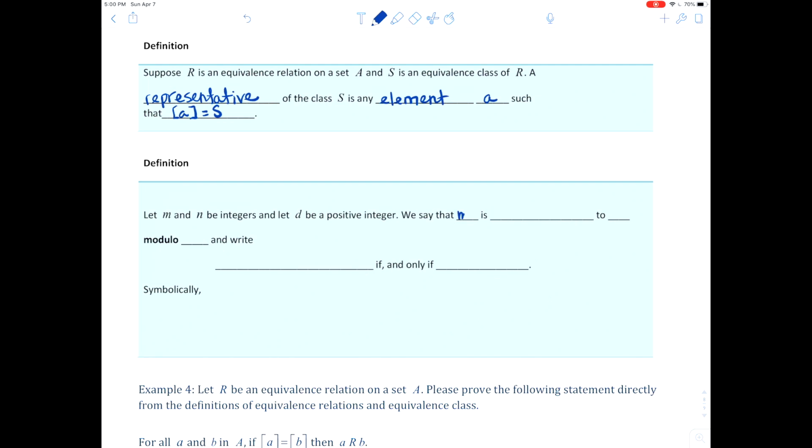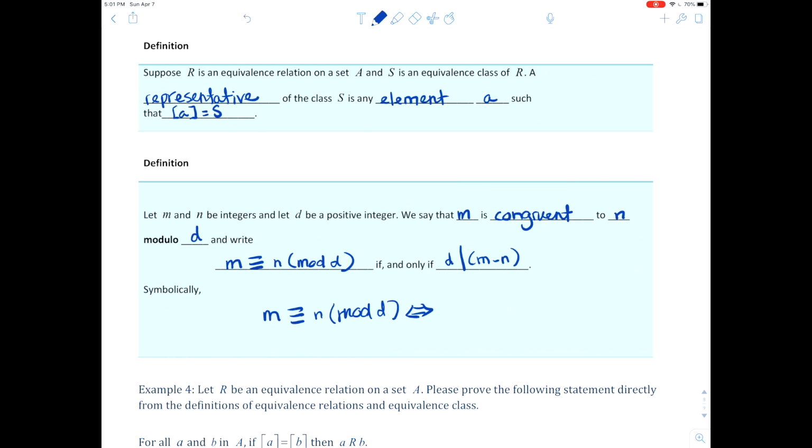We say that m is congruent to n modulo d, and we would write m is congruent to n mod d, if and only if d divides m minus n.